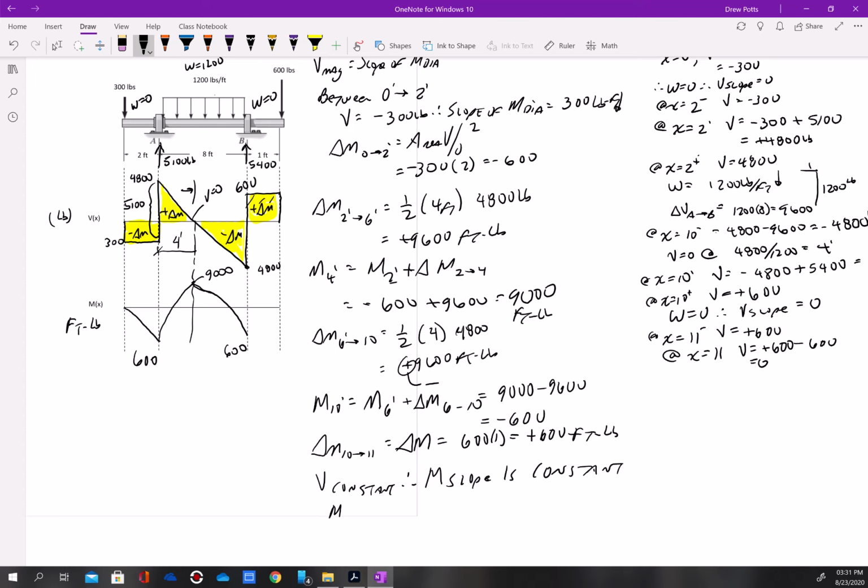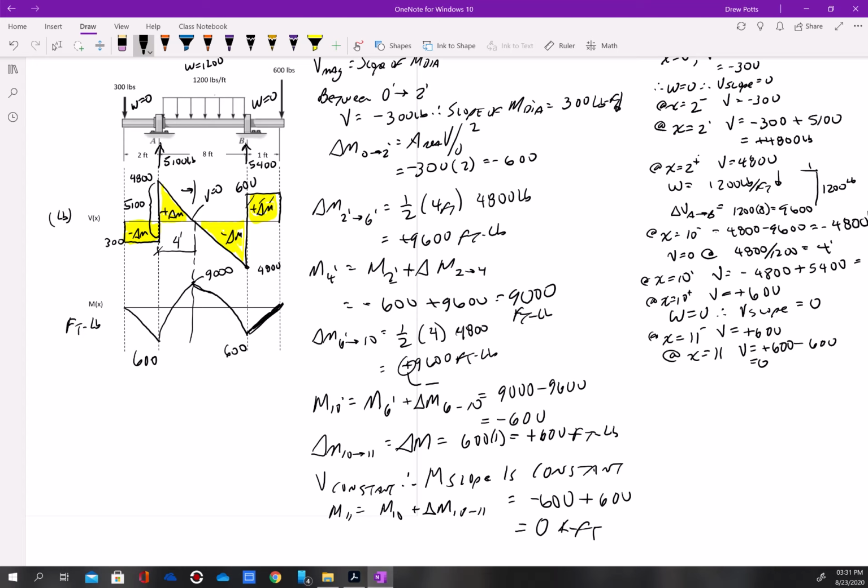So M at 11 is going to be M at 10 plus the change in moment from 10 to 11, which is going to be minus 600 plus 600, 0 foot-pounds. And it's a constant magnitude, so it's a straight line.